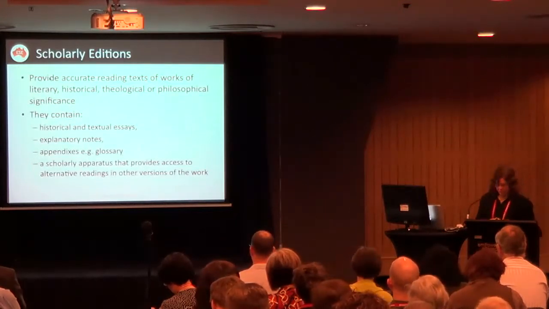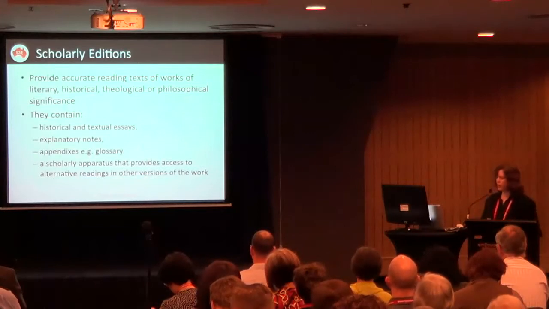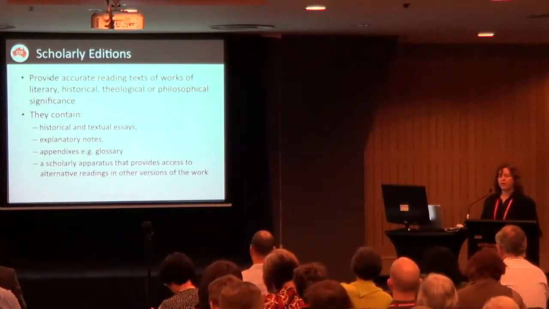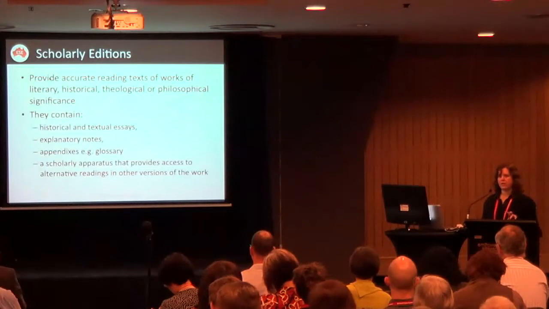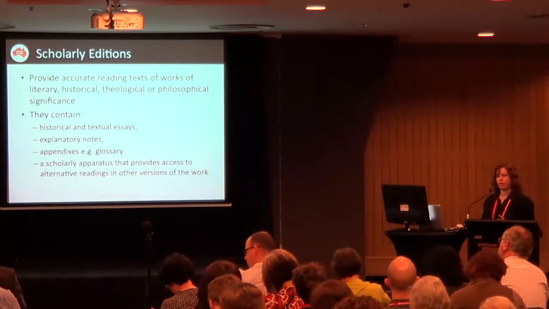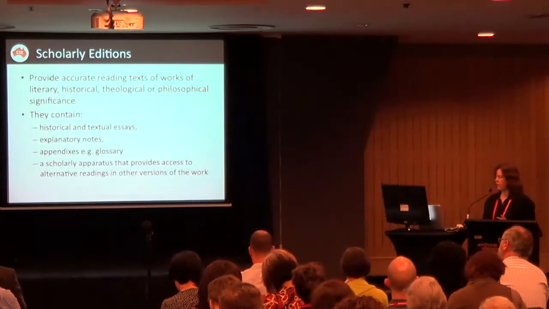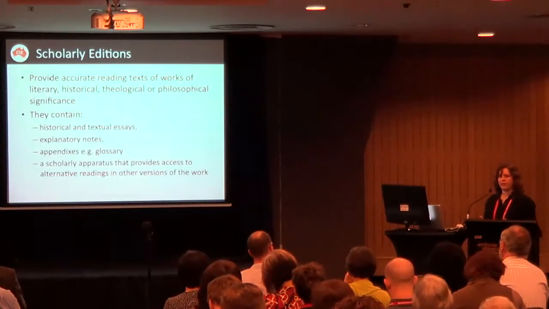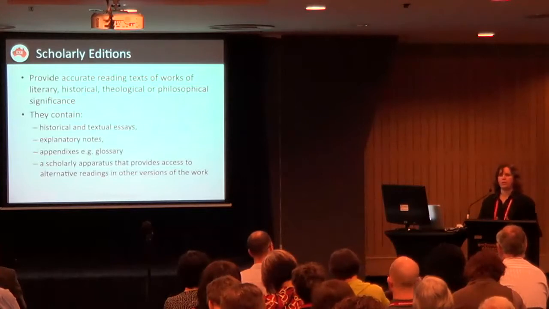And in the literary variorum editions, we also have a scholarly apparatus that describes in very minute detail the exact changes between each version of those texts to provide alternate readings of the work, so that if you're interested in how, say, Shakespeare's Hamlet looked in the 1600s, you can go and look at that apparatus and see exactly how it's changed over time.